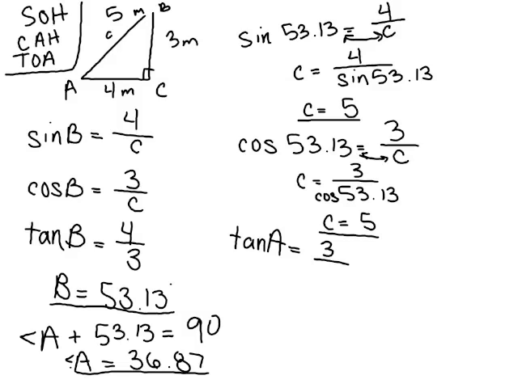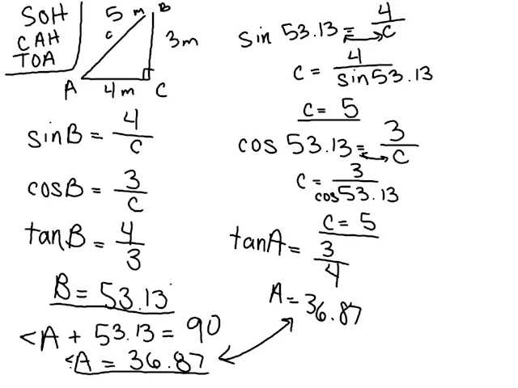The adjacent to angle A, 4 meters. So the tangent for angle A is 3 divided by 4, 0.75. Second function tangent, A equals 36.87. Okay, so we did okay.